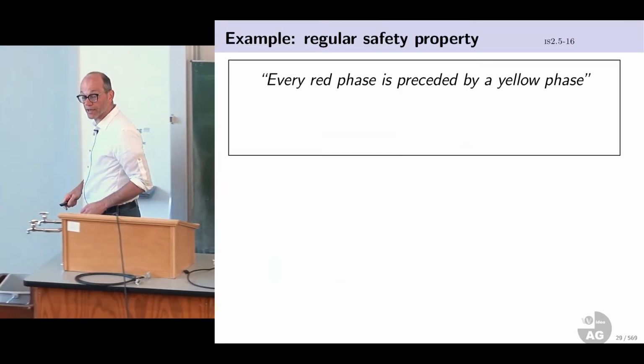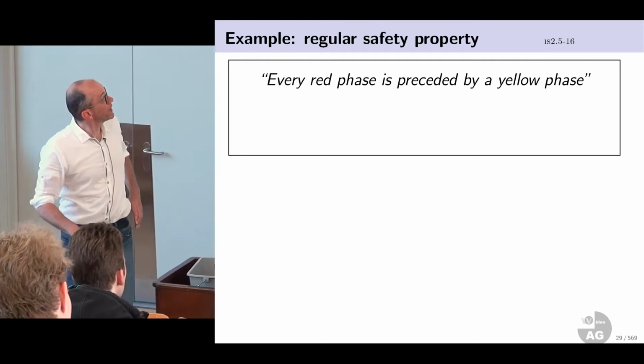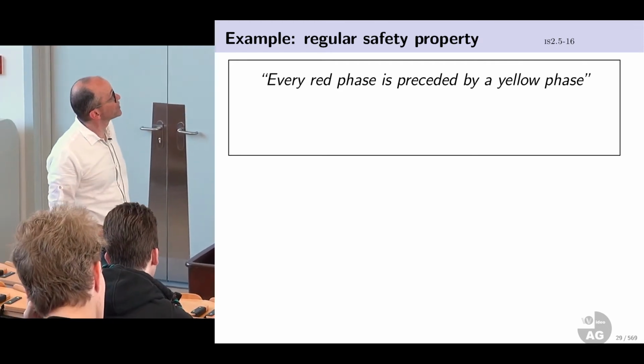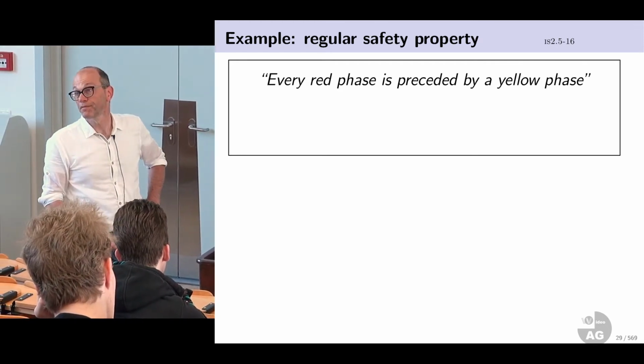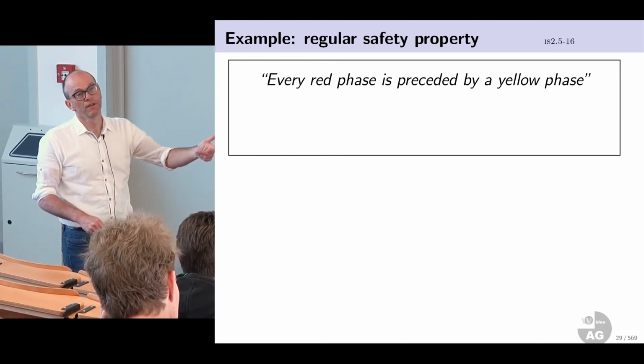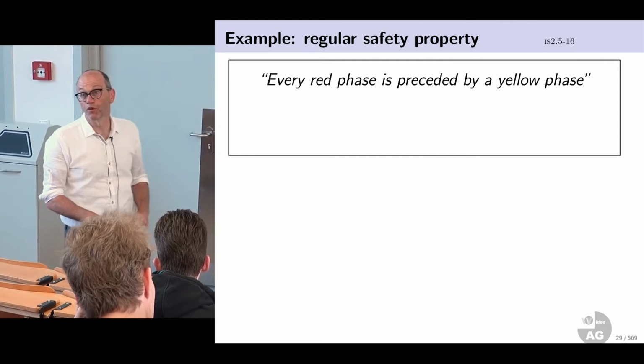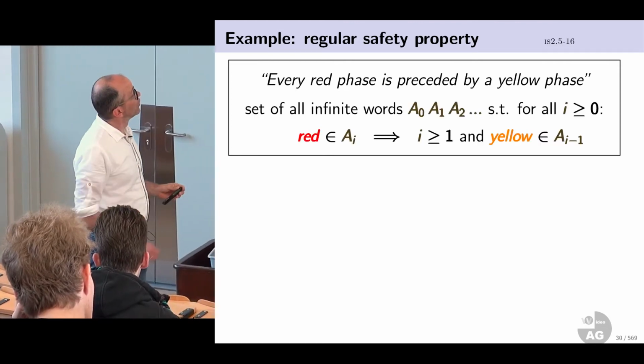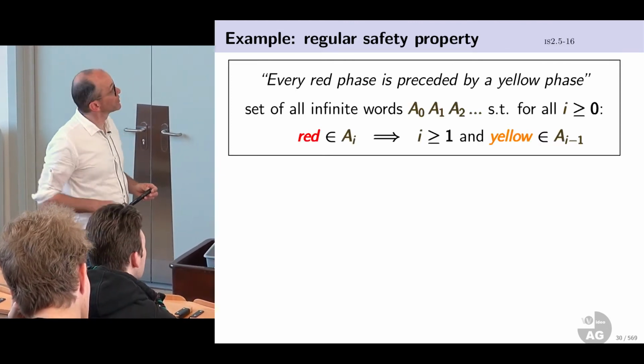Another example of a regular safety property for a traffic light: every red phase is preceded by a yellow phase. Yeah, so if the light turns red, it should have been yellow immediately before. Good, so that is formally written down as a property as follows.